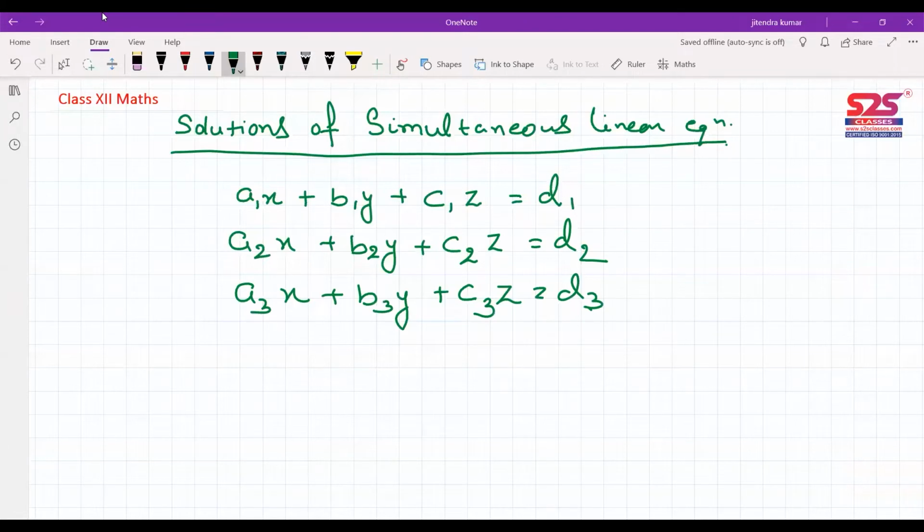So these are our three linear equations, and we have to find their solution.